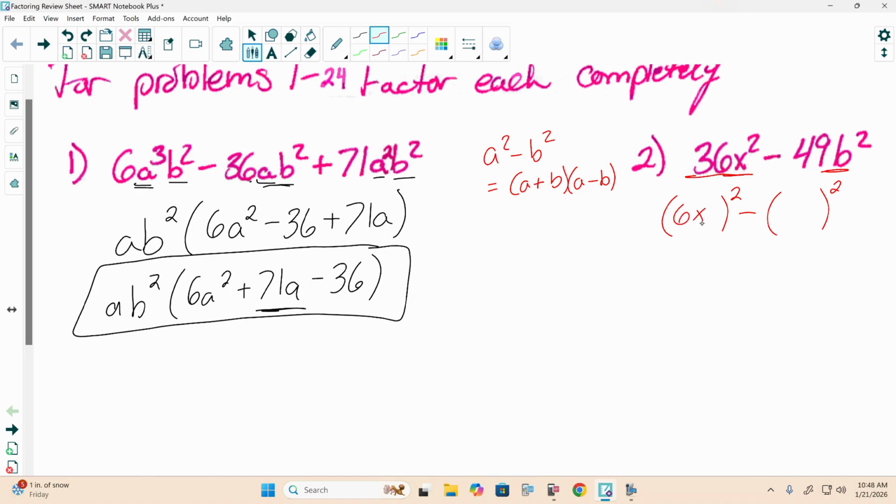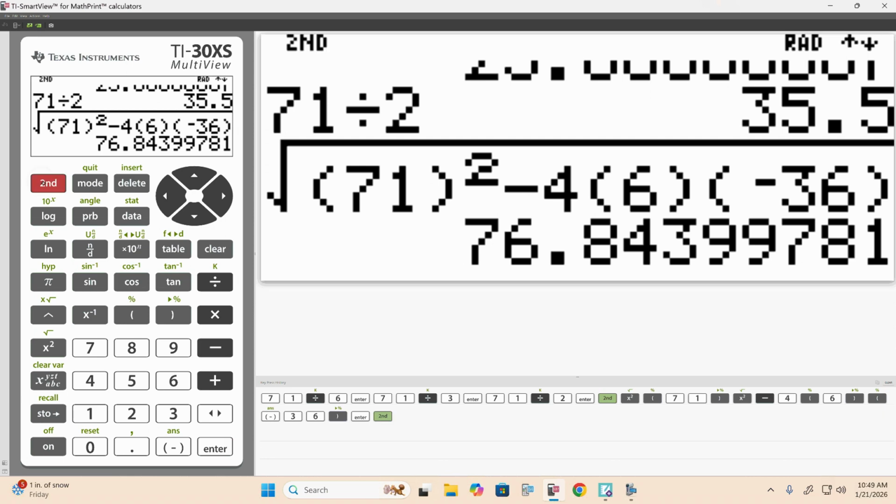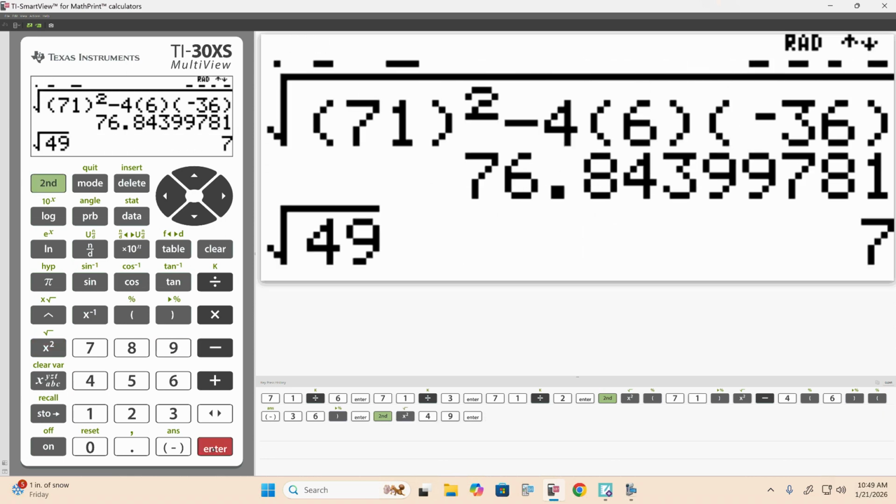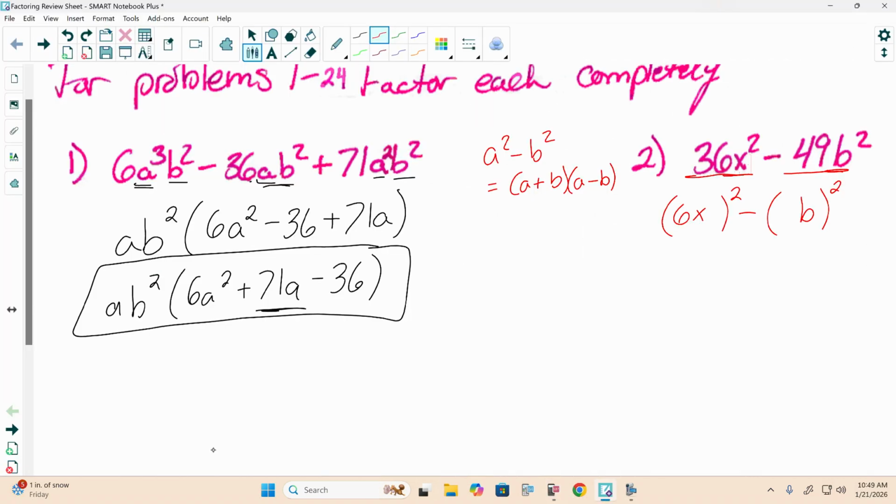Well, 6 times 6 is 36, and x times x is x squared. So the number that times itself gives us 36x squared is 6x. And we also need to see what times itself gives us 49b squared. Well, the b squared part is going to be b. Now to find 49, what times itself is 49? We can do the square root of 49, which is 7. We can just say 7. Telling us that a in this case is 6x.